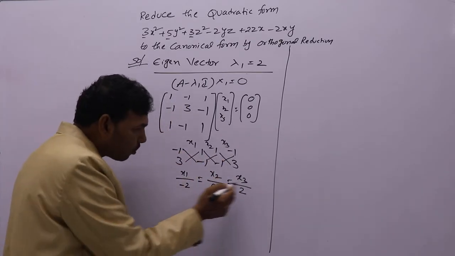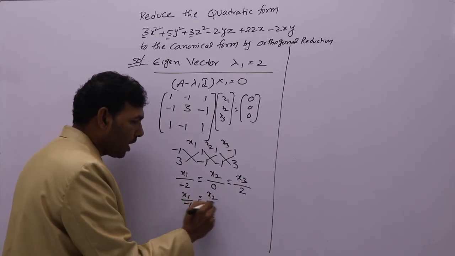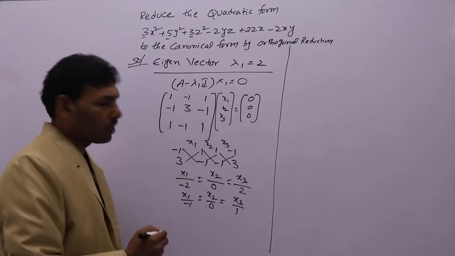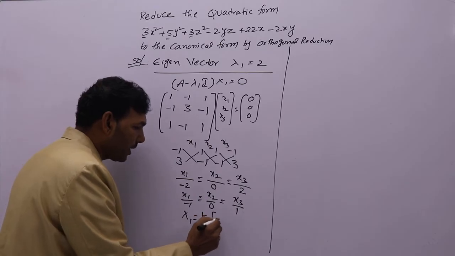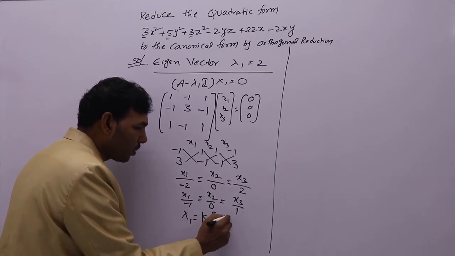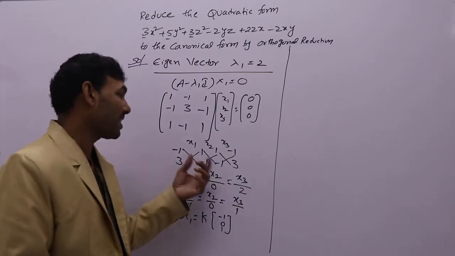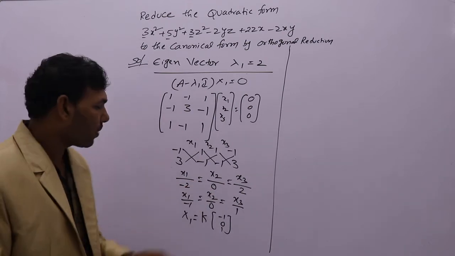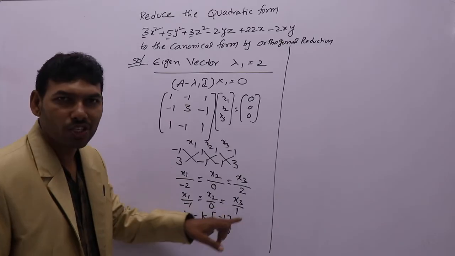Now cancel with 2 all elements. 2 1s are 2, -1. Here you will have 0. Cancel here also with 2, 2 1s are 2. So the first eigenvector you will get, x1 will be k into -1, 0, 1. The k is an assumption. Actually we need to assume x3 as k, then calculate. I am using one shortcut, that's why I wrote k here. Using that shortcut, you got -1, 0, 1.